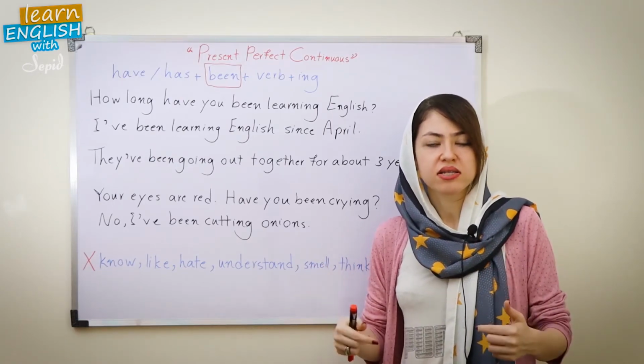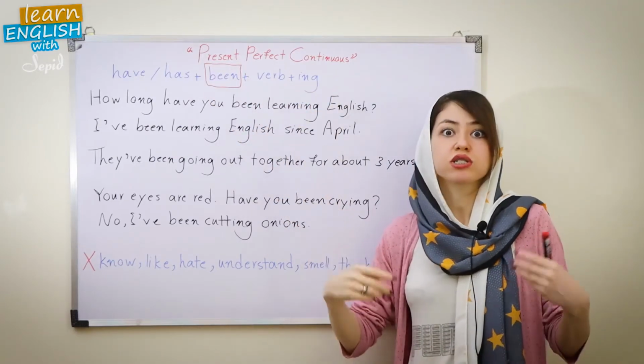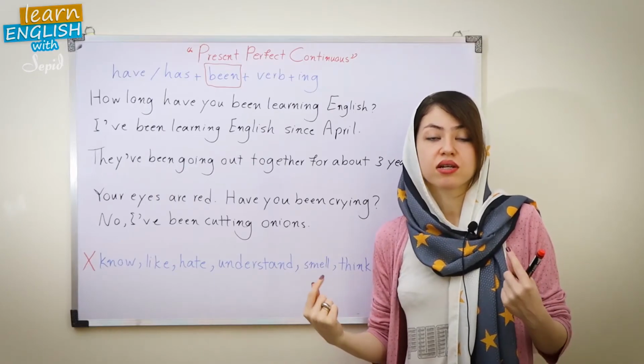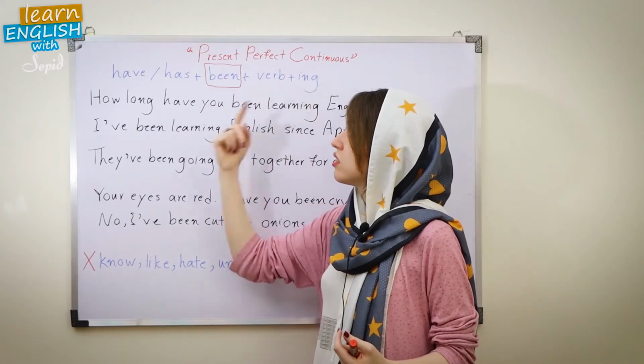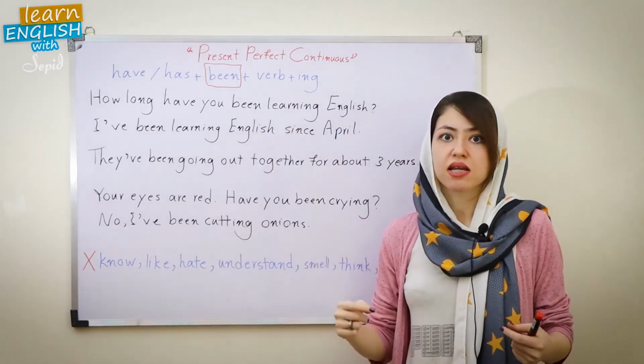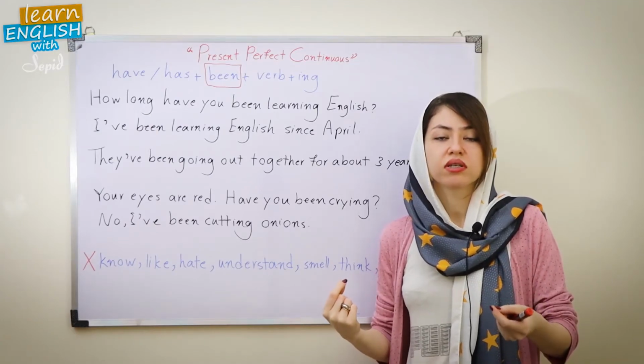So we use for and since. We can use for and since in present perfect continuous too. But there's a difference. If we are talking about present perfect continuous and our sentence is written in this tense, okay, there's a point here.